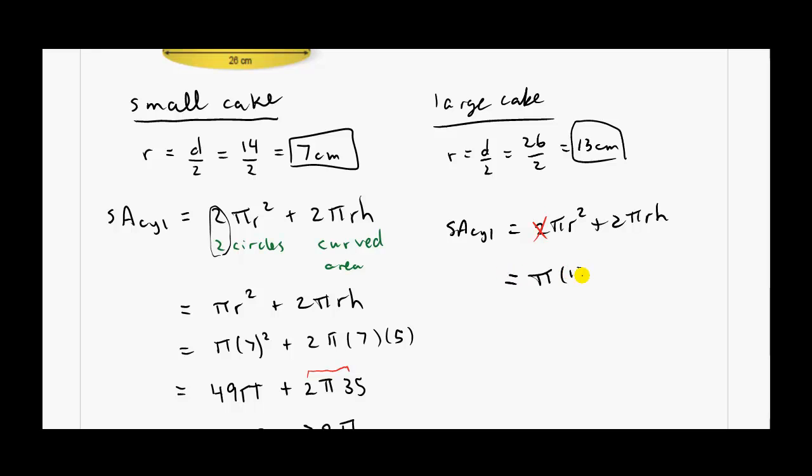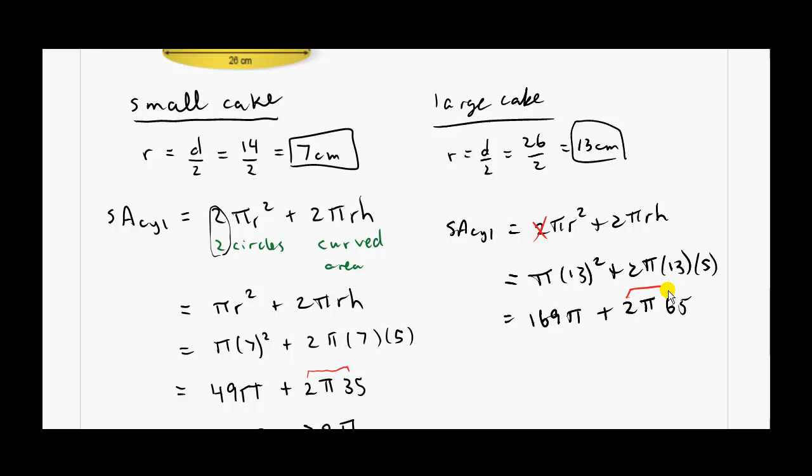Okay, pi times 13 squared plus 2 pi times 13 times the height 5. 13 squared is 13 times 13, 169 pi, plus 2 pi, and 13 times 5 is 65.